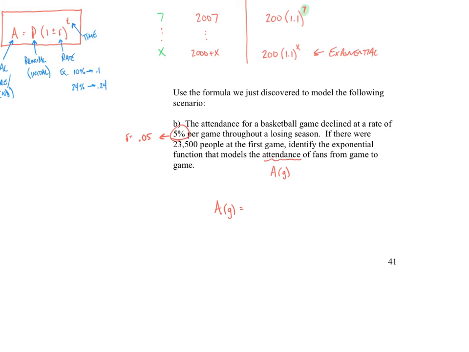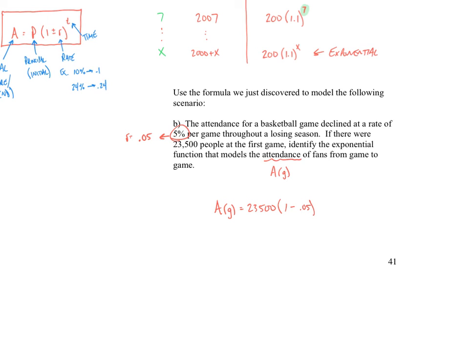Well, my principal amount, the initial amount of fans, is 23,500. It says we're losing fans. So what we've got here is 1 minus, because we decide what sign to use based on if it's growth or if it's decay. So 1 minus, and that rate is 0.05.